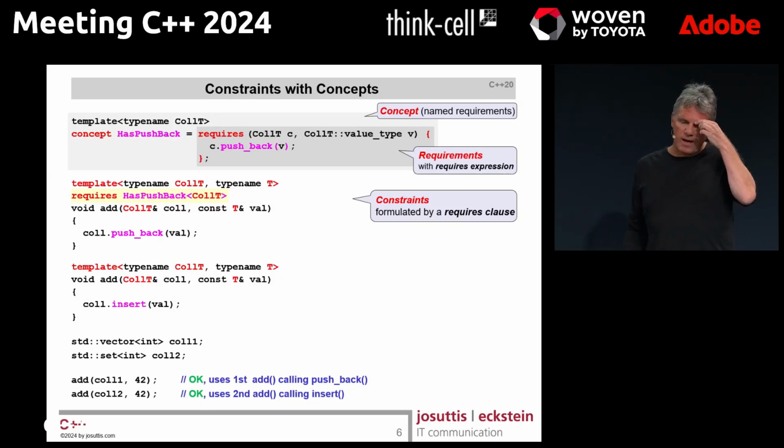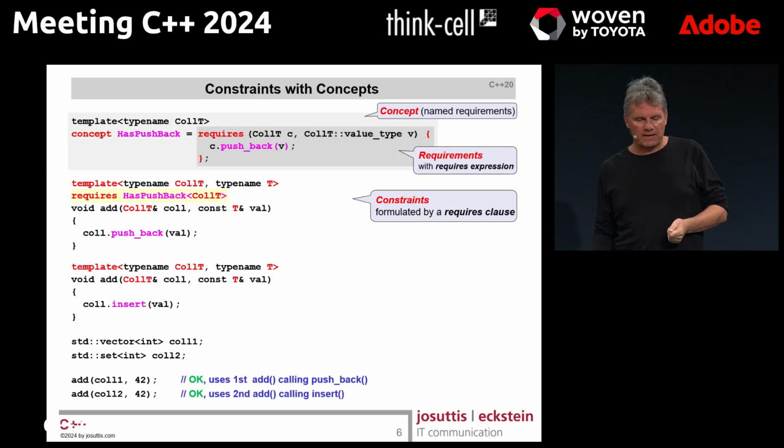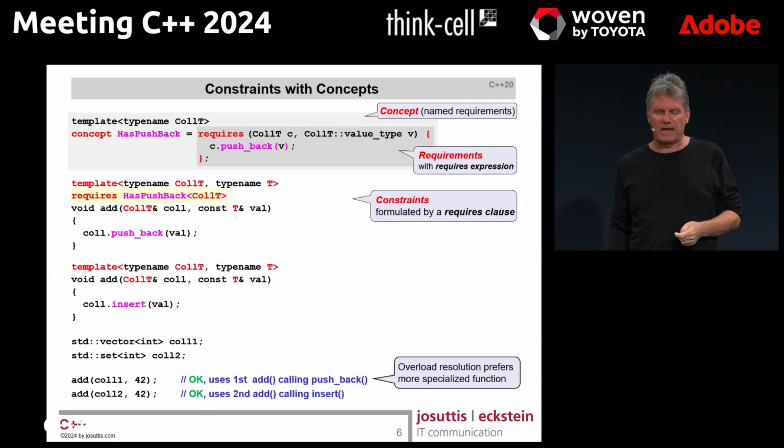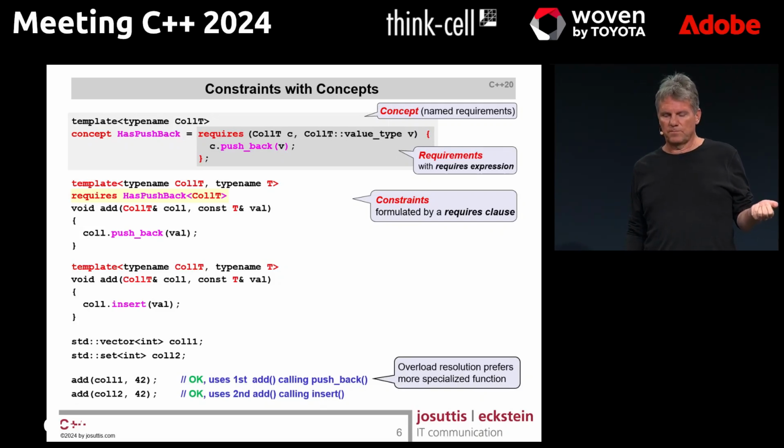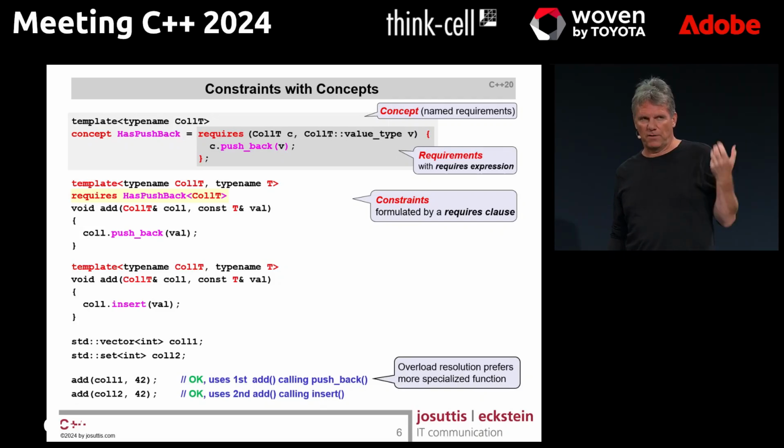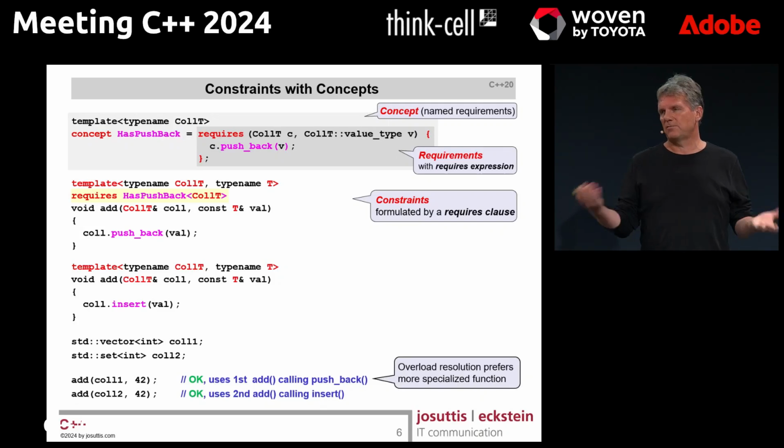Because what happens now is, if we add a vector of int to a vector, as in the first add statement, the compiler finds two add function templates. Both are valid for vectors. The first one is valid because vectors have and support push_back. And the second one is valid because it's always valid for all types.